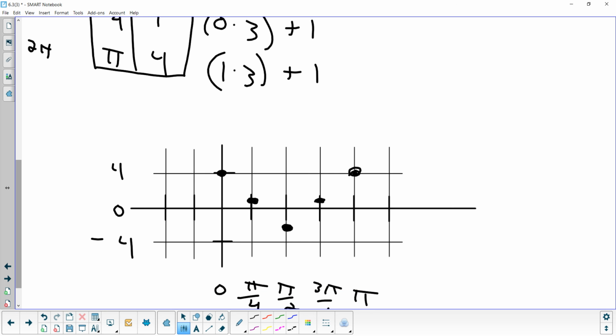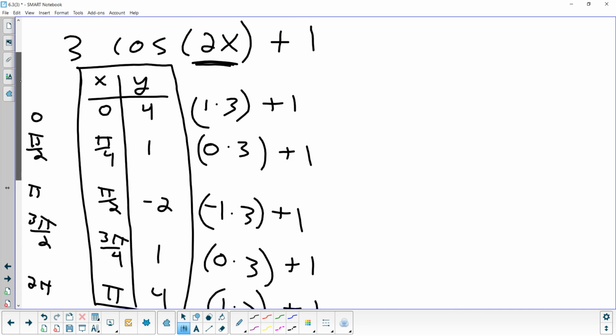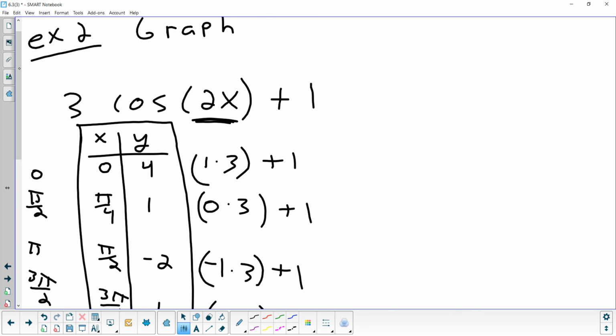All right, there's your sketch. Any questions on that? Let me ask something here. What's the amplitude of that graph? 3. What's the period of that graph?